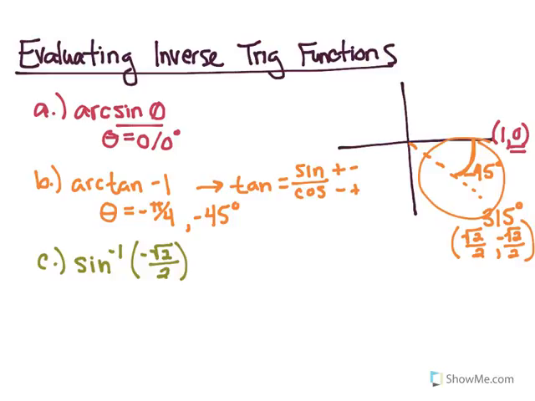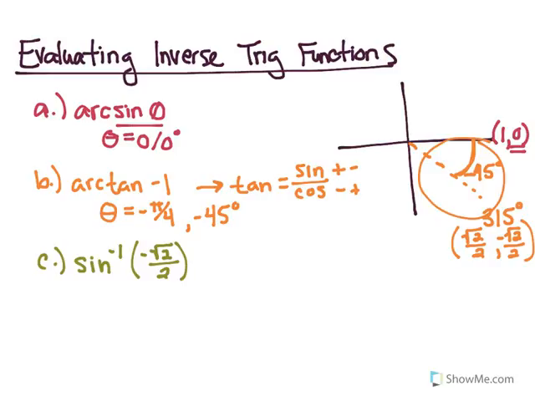Okay, let's take a look at one more. This is also asking for the inverse of sine at negative square root of 2 over 2. The notation of arctangent, arcsine, arccosine is the same thing as using this little negative 1 as an exponent. It's not technically an exponent at all. It's just the notation that this is the inverse of sine.